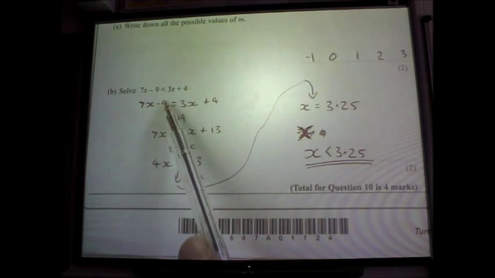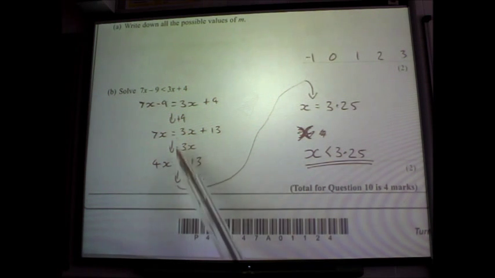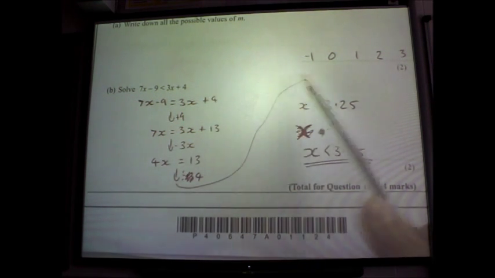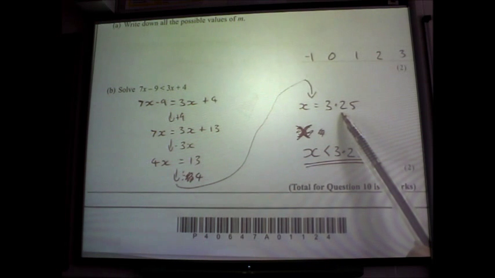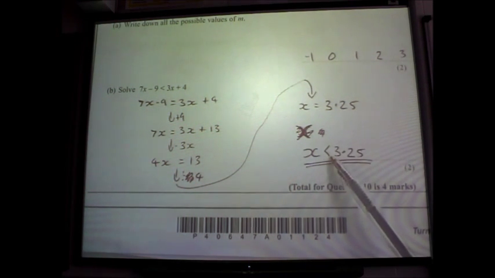So I've added 9 to both sides, and that gives me 7x equals 3x add 13. I've taken 3x off both sides, so that leaves me with 4x equals 13. Divided both sides by 4 to get x on its own, so that will give me x equals 3.25. The very last step, put the sign back in. So that's your answer there.